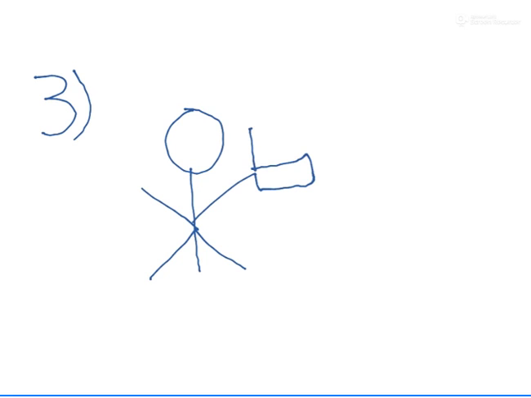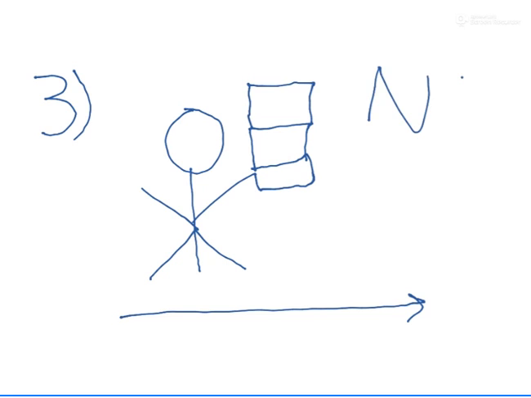Now, a final example to look at is, imagine you walk with a pile of books at a constant speed across the library, right? So here's a person carrying a whole bunch of books, and you're moving across the library with these books. Would this represent work or not? This actually would not represent work.